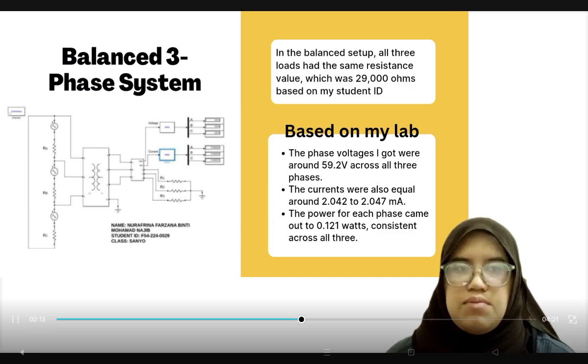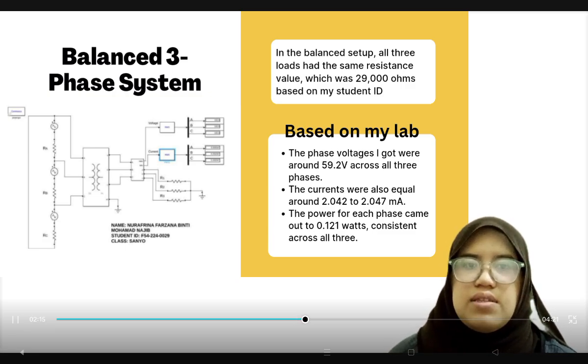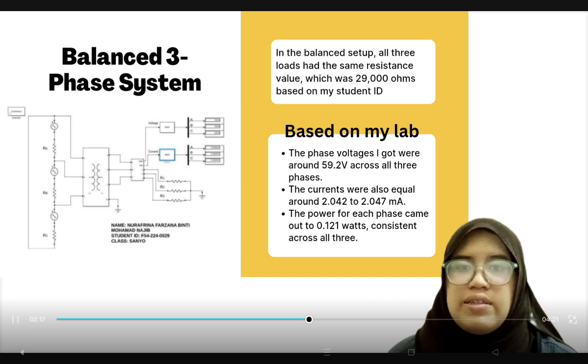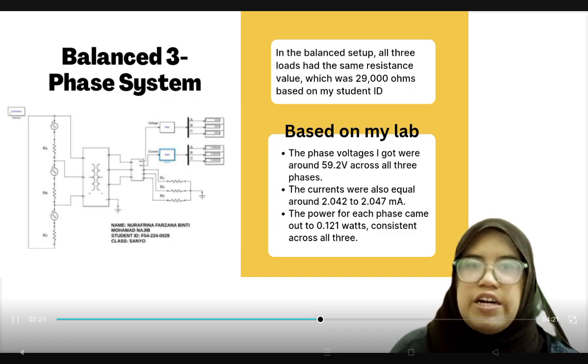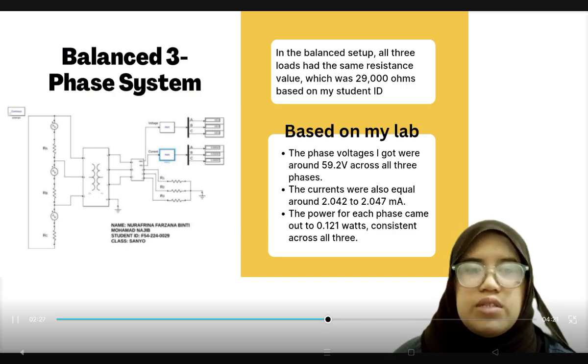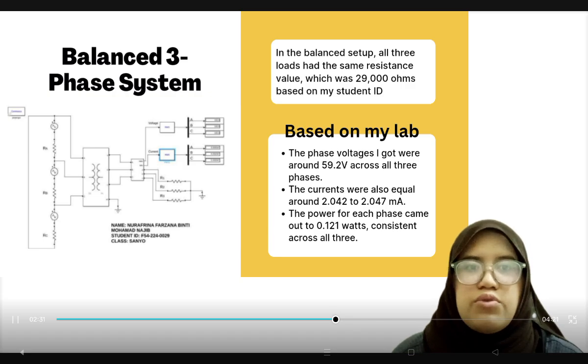In the balanced setup, all three loads had the same resistance value, which is 29k ohms, based on my student ID just now. Based on my result, the phase voltage I got was around 59.2 volt across all three phases. The currents were also equal, around 2.042 to 2.047 milliampere.